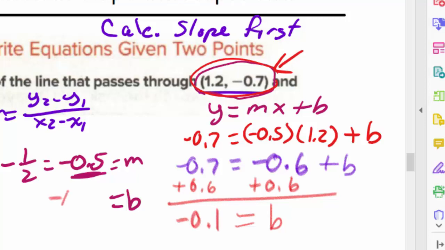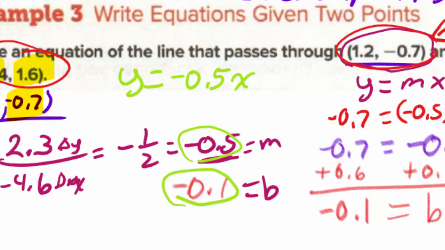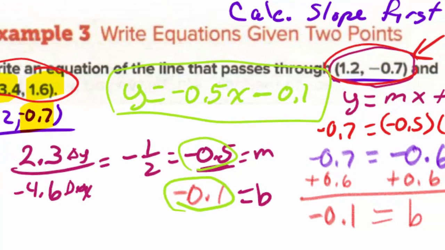So I have a really small b value. So the final equation, I'm going to erase this here in the middle. So the final equation is y equals, I've got my slope of negative 0.5x. Then I have a negative here, so instead of putting plus negative, I'm just going to put minus 0.1, and this right here ends up being my equation.